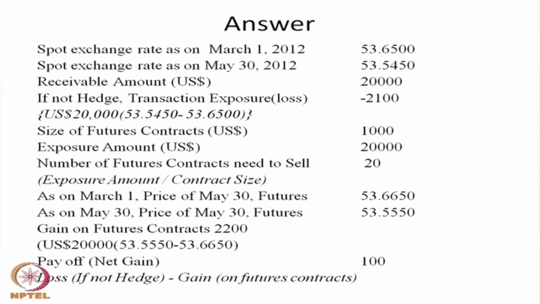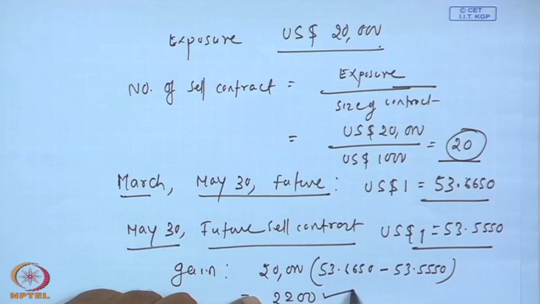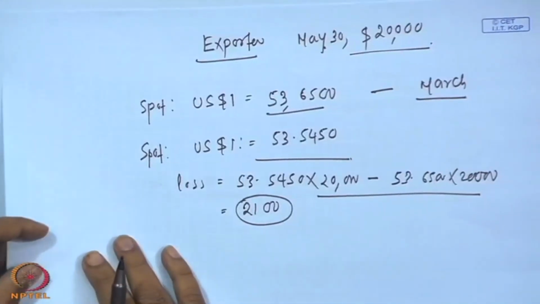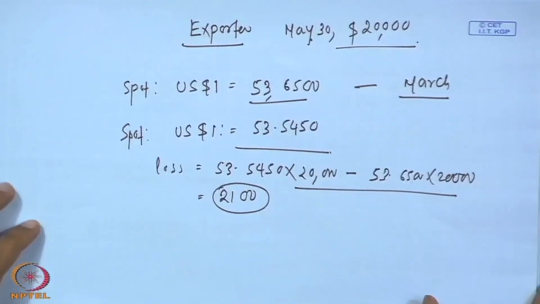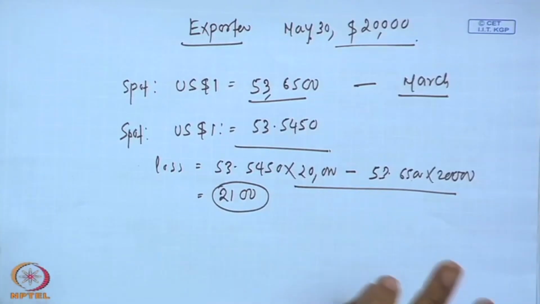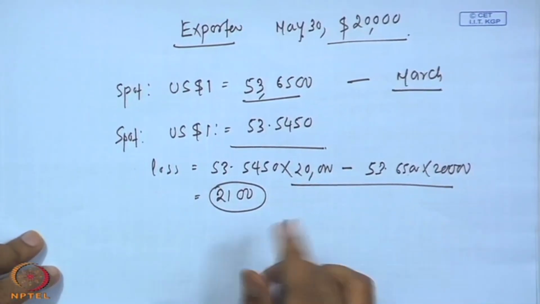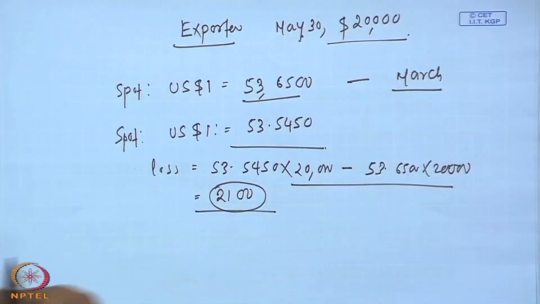By purchasing the future contract, he is getting a gain of 2200. But suppose he does not purchase any future contract and leaves his position open, he will face a loss of 2100.